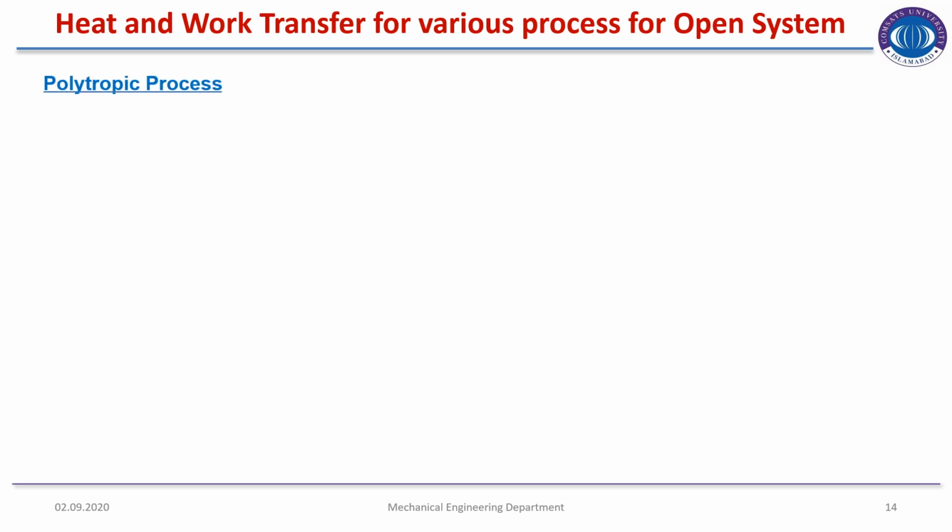Now we will find the heat transfer and work done for a polytropic process. You know that the polytropic process is a general process which lies between the isothermal and adiabatic processes. So generally, we replace gamma, the adiabatic constant, with n, the polytropic constant.